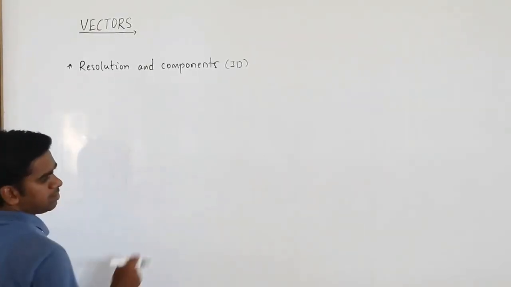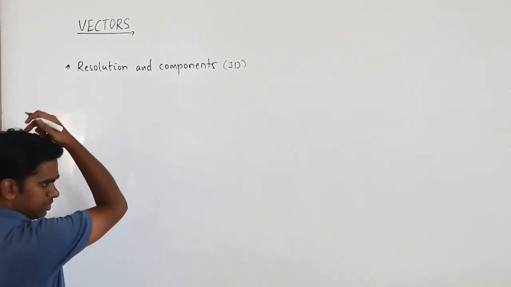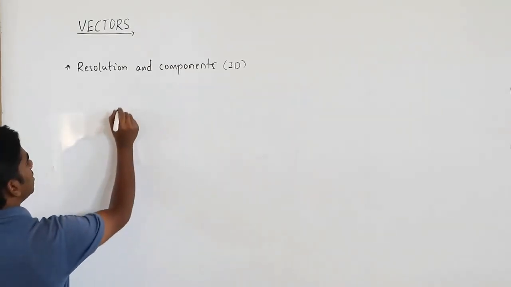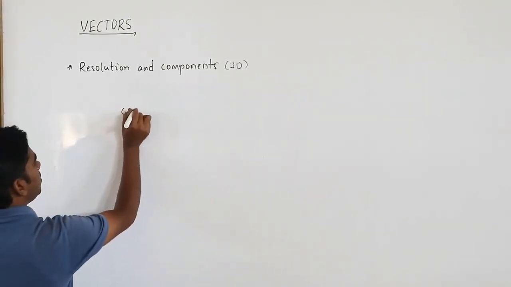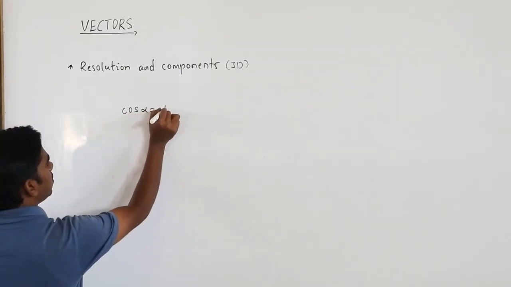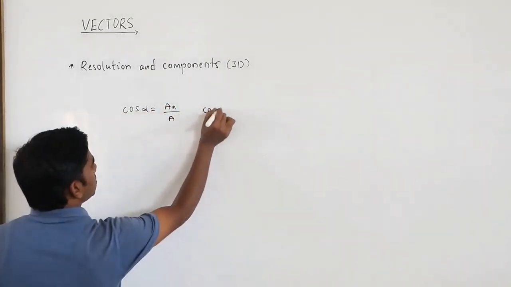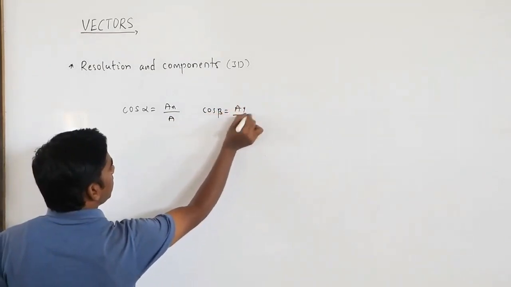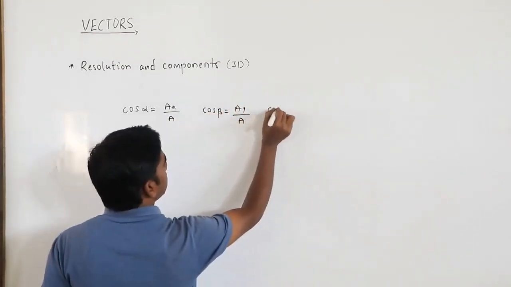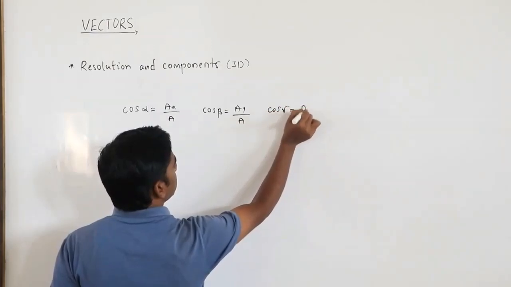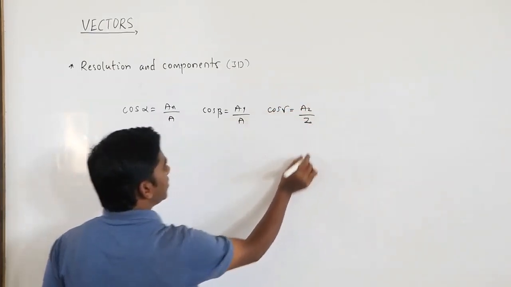So let me get one important equation, not required much, but let us see. We got cos alpha equals to Ax by A, cos beta equals to Ay by A, and cos gamma equals to Az by A. Okay.